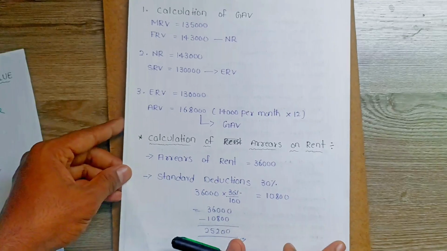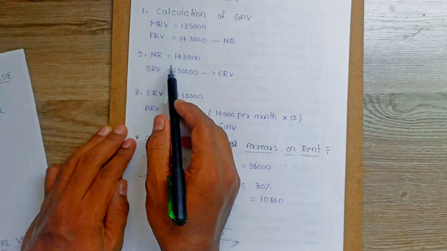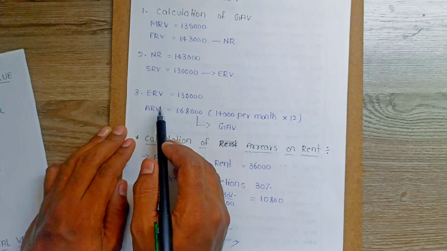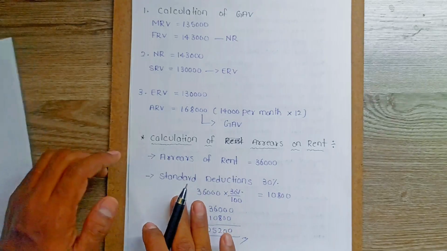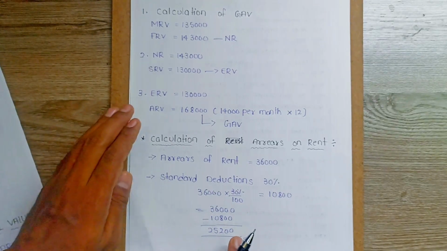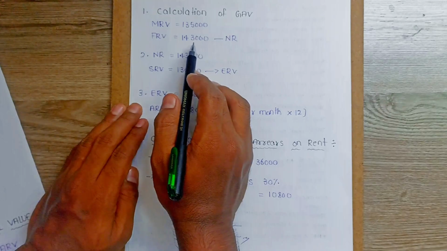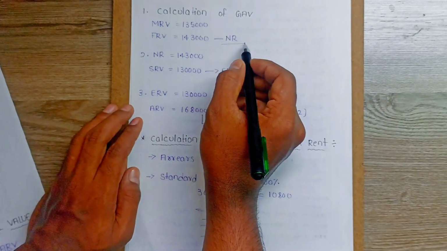See, calculation of working notes. As I showed you before, MRV, FRV, NR, SRV, ERV and ARV. If you remember this trick, you can easily do any sum in this method. So here, 1,43,000 is higher, that is known as NR, notional rent.